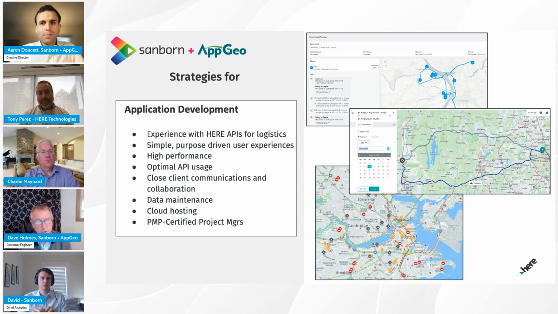You can do it yourself with some consulting, and we can provide consulting on a number of topics that I mentioned to make sure you're going down the right path and not wasting any development cycles. Or you could consider outsourcing. We'd be glad to sit down and talk to you about scoping a project that takes advantage of the HERE technologies to address your logistics challenges. Thank you very much. Back to you, Aaron.